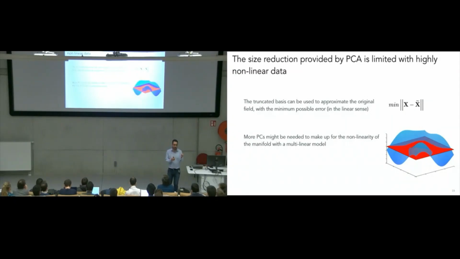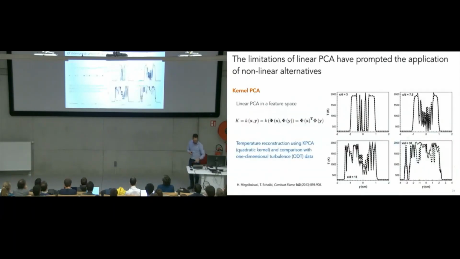So the fact that you're using a multilinear approach might be problematic because you might actually find additional dimensions just to make up for the nonlinearity of the manifold.